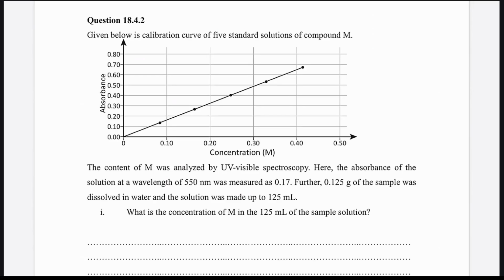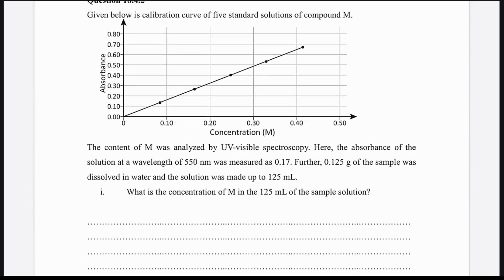The content of M was analyzed by UV visible spectroscopy. The absorption of the solution at a wavelength of 550 was measured as 0.17. Further, 0.125 gram of sample was dissolved in water and made up to 125 mL. What is the concentration of M in 125 mL of the sample solution?